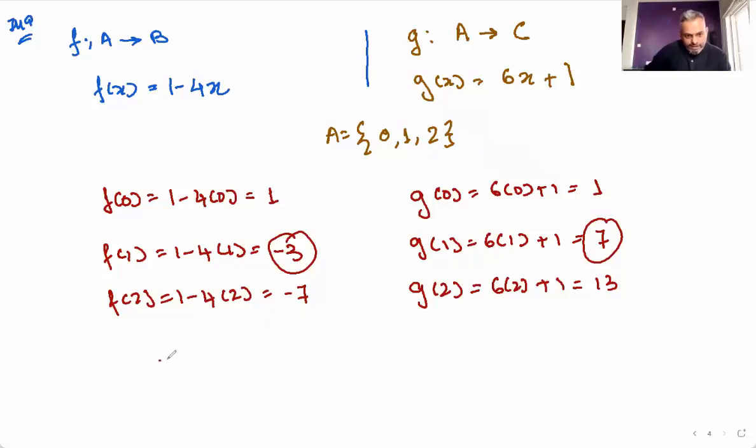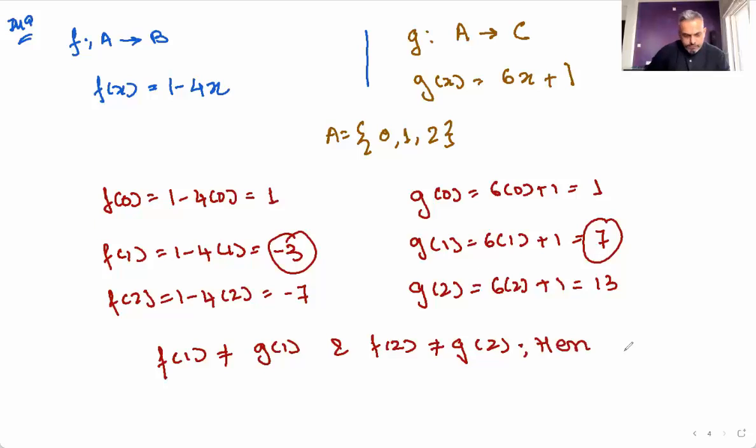So we can say that f of 1 is not equal to g of 1, and f of 2 is also not equal to g of 2. Hence, f and g are not equal functions.